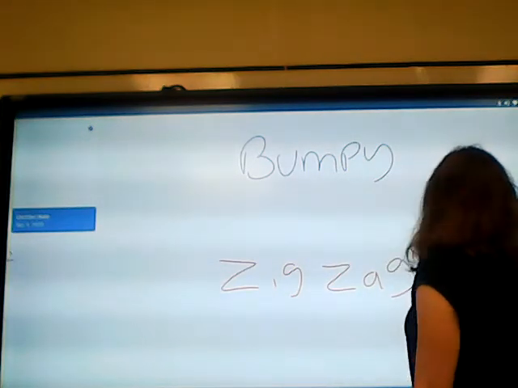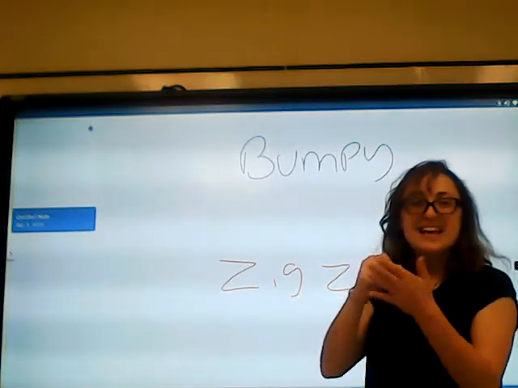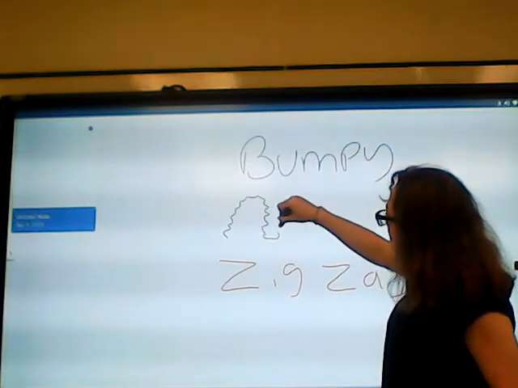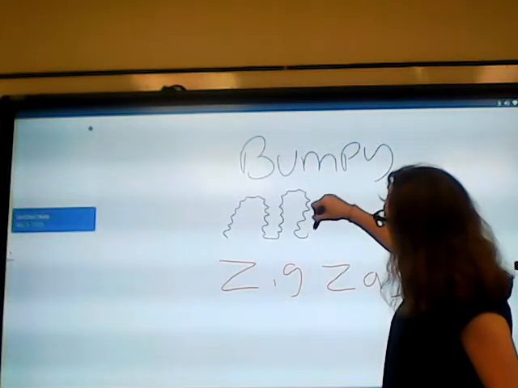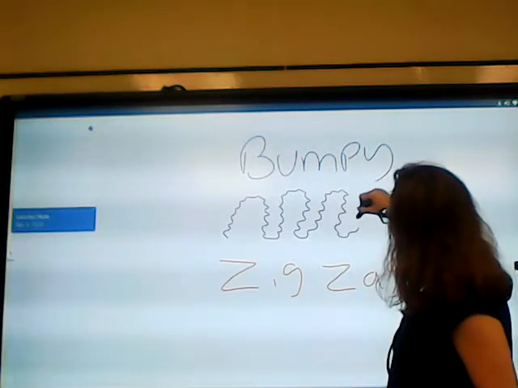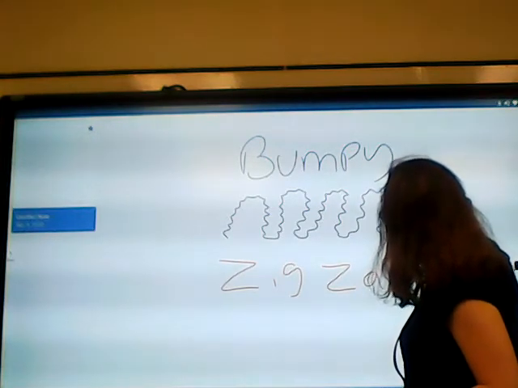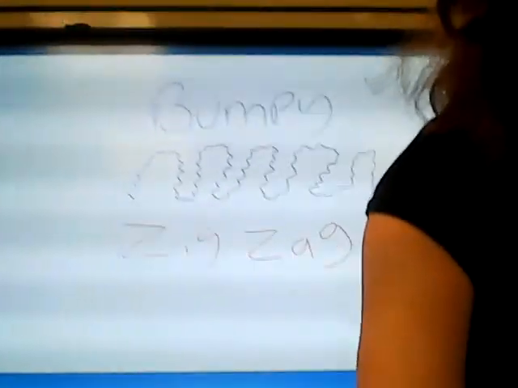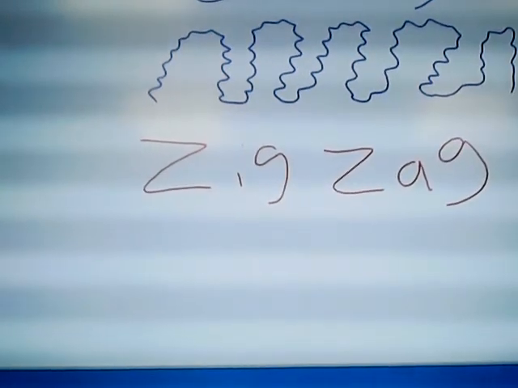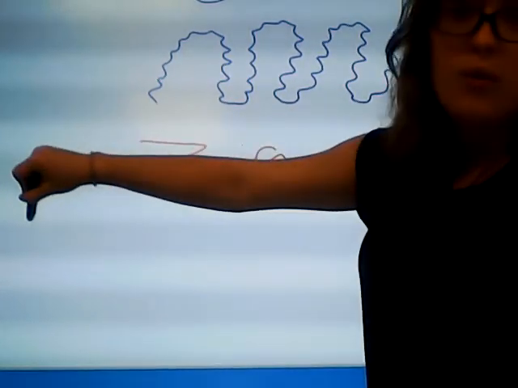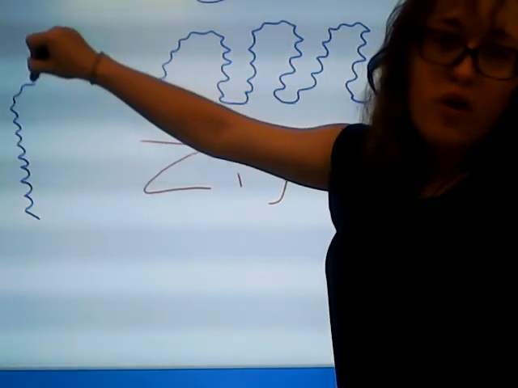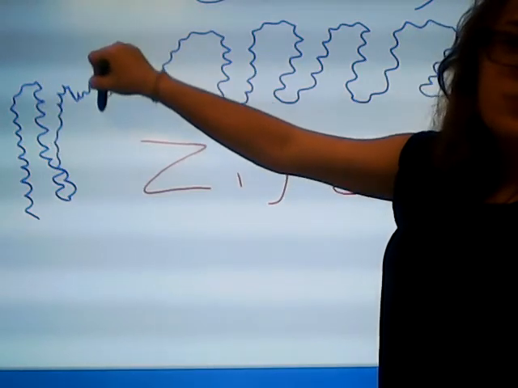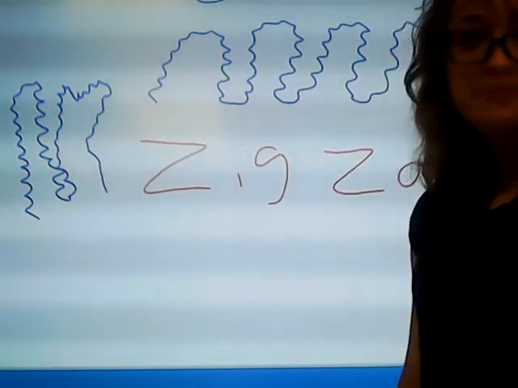A bumpy line is going to kind of squiggle a little bit, kind of like you're making little baby waves all around it. Like that. Bumpy. You see, all I really did was just squiggle my pen around to make the bumpy line. This is really good for texture.